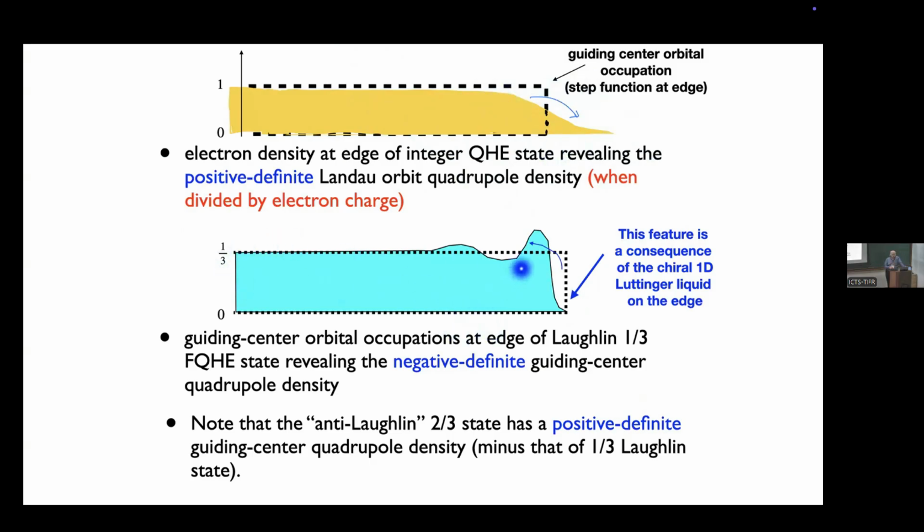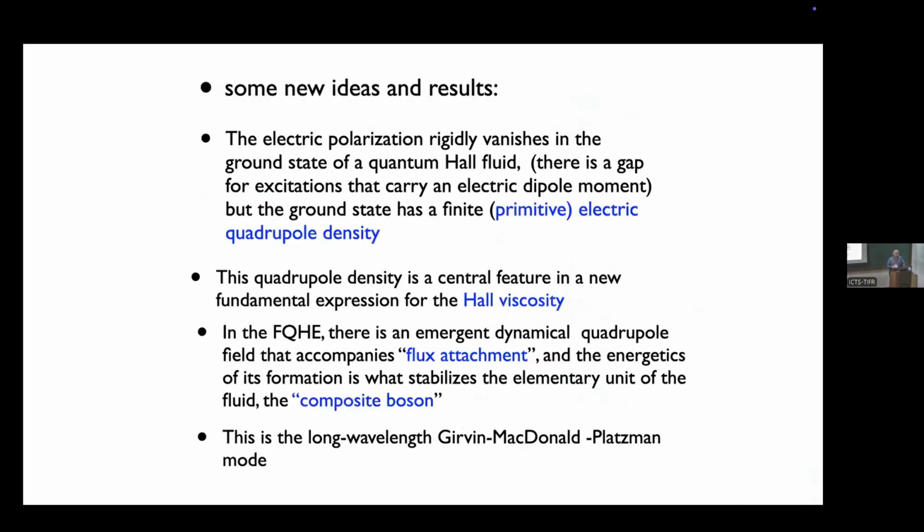In the fractional Hall effect, the guiding centers themselves have a quadrupole effect, and you see that there's excavation of density inwards at, for example, the edge of the Laughlin state. So we see they have opposite sign quadrupoles, because they have opposite sign edge densities, the Landau orbits and the guiding centers.